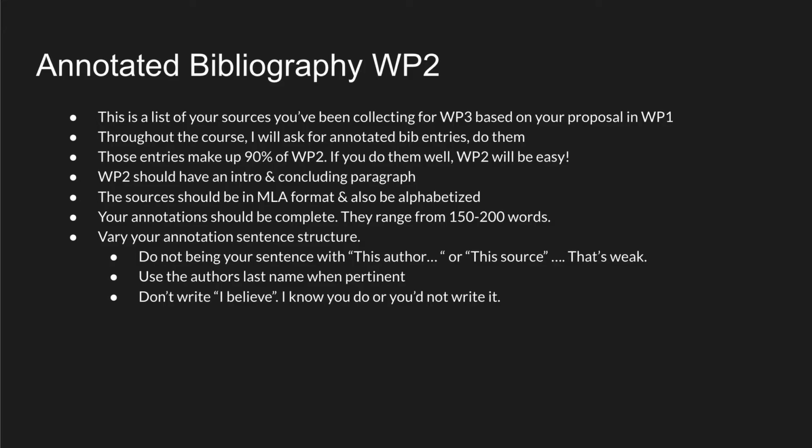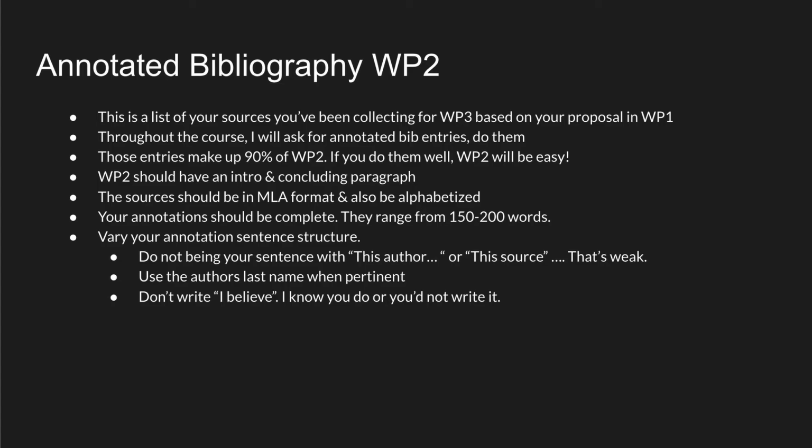So, Clark asserts whatever the topic might be. That's a lot better than saying this author does this, this source does this. That makes it very weak. I don't need you to write "I believe" because I know you do, or you want to be writing the information. And also, please make sure your sources and your annotated bibliography are alphabetized.